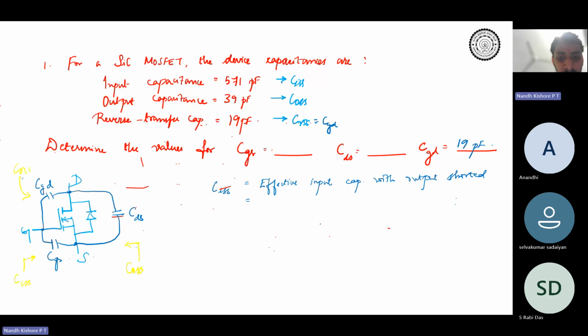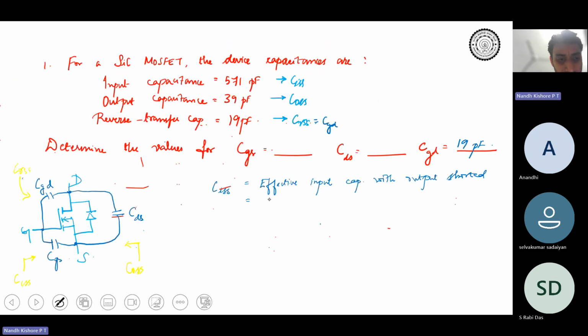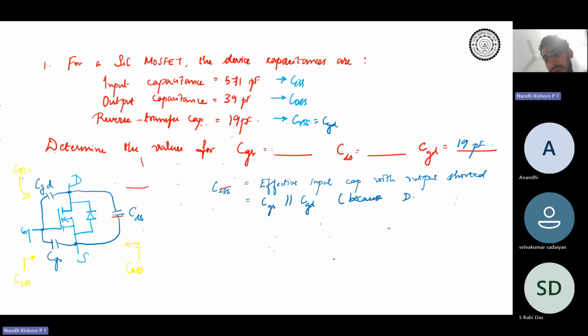So CISS is nothing but CGS appearing in parallel with CGD. Why? Because the output is shorted, so drain and source are shorted. So CGS in parallel with CGD gives CGS plus CGD.